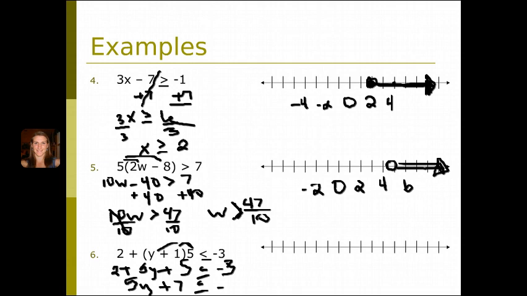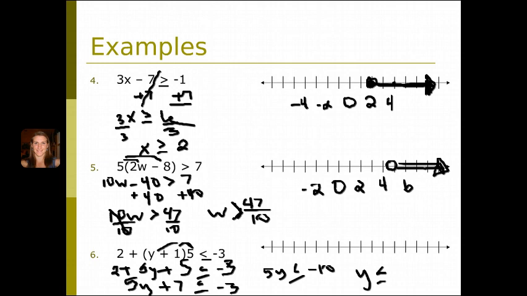You would subtract 7 from both sides, and you would be left with 5y is less than or equal to -10. Divide both sides by 5, and you have that y is less than or equal to -2.